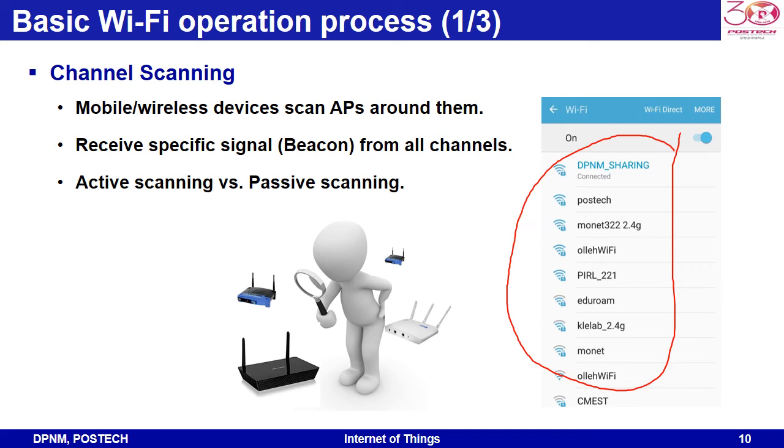When you first turn on the Wi-Fi interface card on your smartphone, you might not know which channel to use. You will start to search the channels because you don't know which base station is used for which channel. In this case, we call it channel scanning.